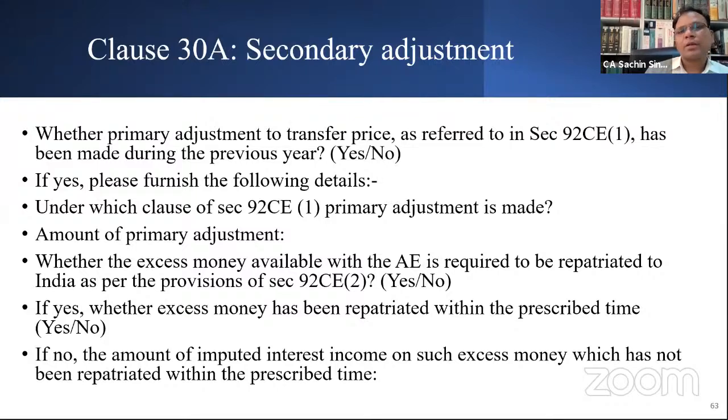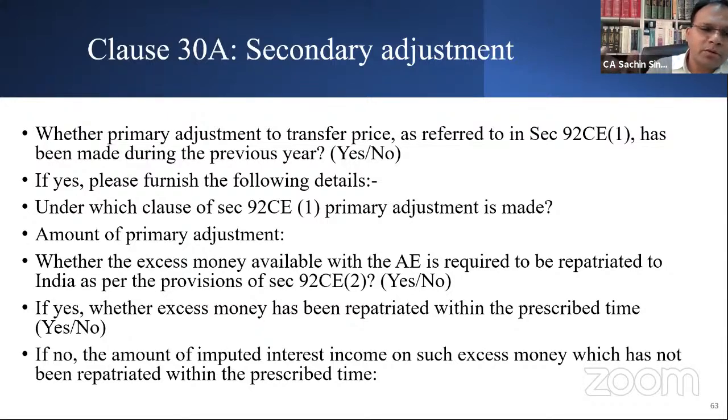In that case, if as a tax auditor I comment on this particular point, because what they are asking is whether the primary adjustment to transfer price referred to in 92C has been made, how can I see whether the primary adjustment is there or not, whether the secondary adjustment is there or not, because it is the tax auditor whose responsibility is to audit for tax purposes and not for transfer pricing.